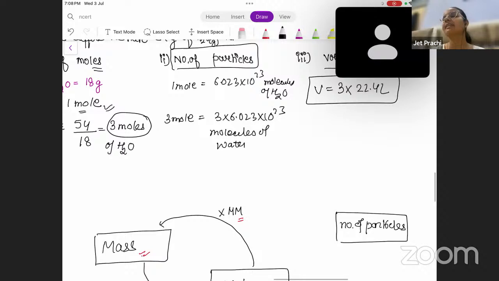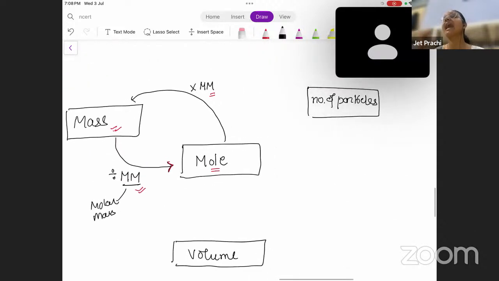Here, the number of particles was given to me, and I have to convert it to moles. What do I have to do? I have to go from number of particles to the number of moles. So again, I have to divide it with the molar mass. And for the opposite, if I want to go from moles to the number of particles, then I have to multiply it with the molar mass.